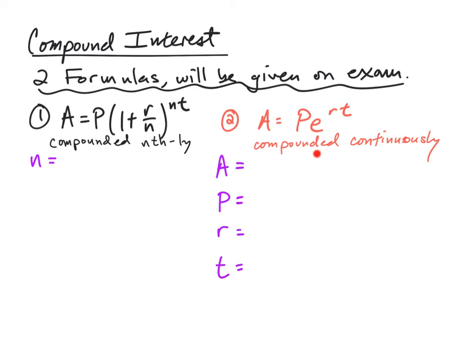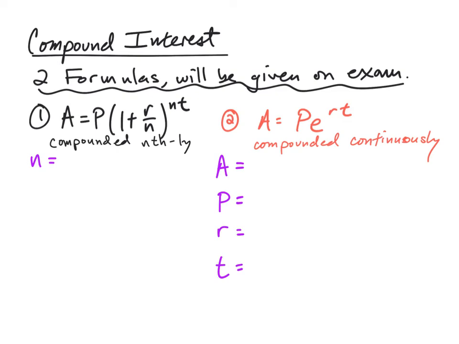But if it is compounded continuously, then we don't have a reason to use the n, which is why you don't see an n here, to tell us how often we're getting interest. You are continuously getting interest.